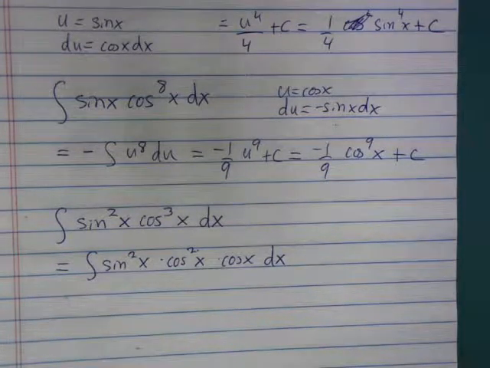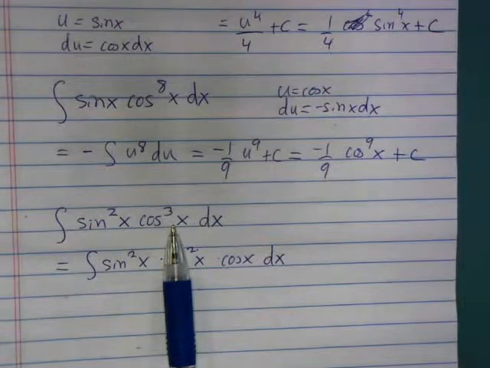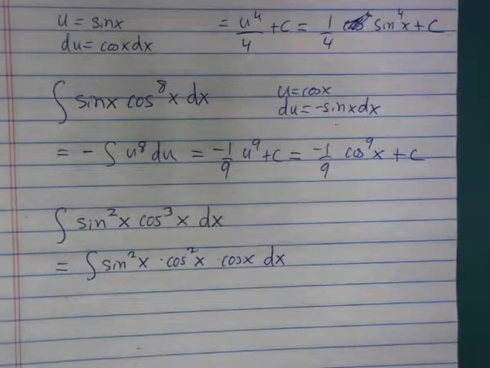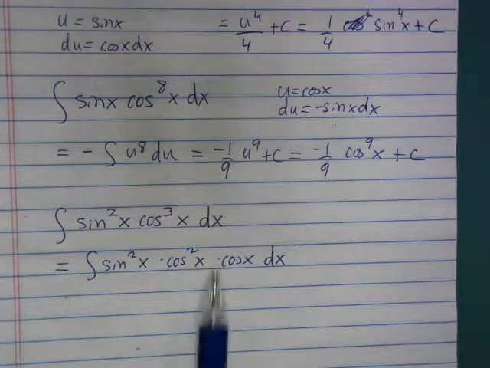So what did I do there? Nothing too fancy. I took cosine cubed and wrote it as cosine squared times cosine. That doesn't help yet, but now I'm about to fix it.